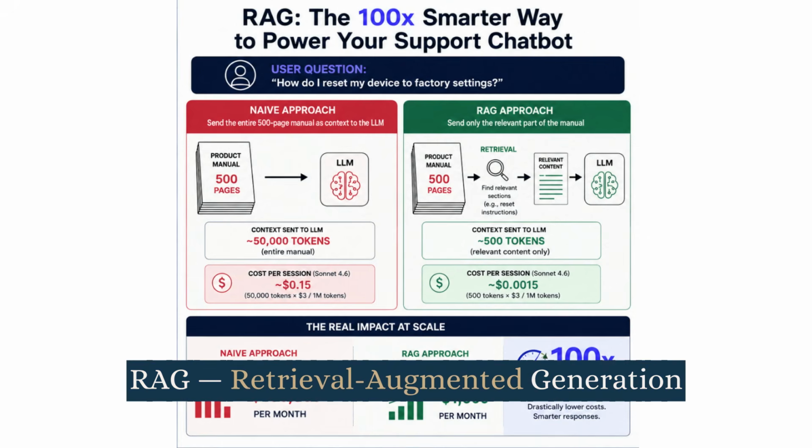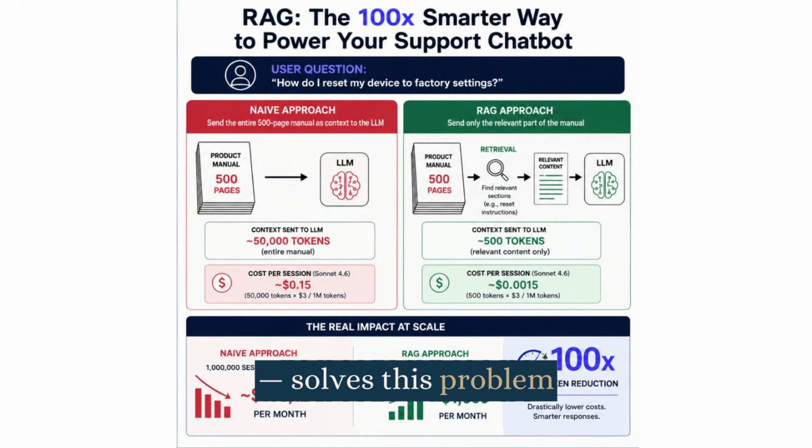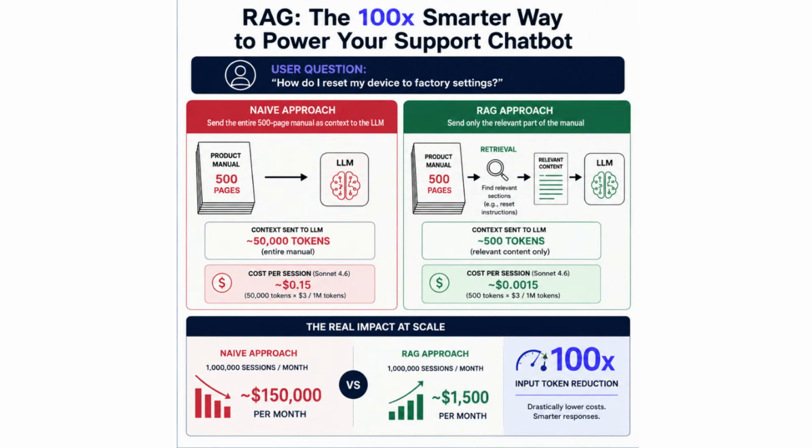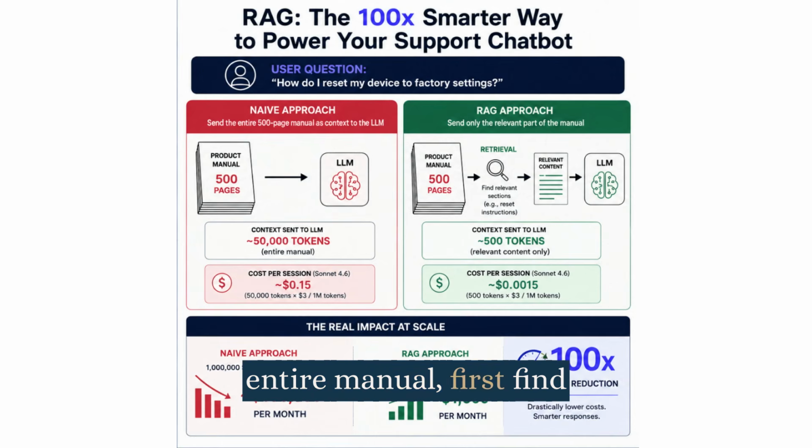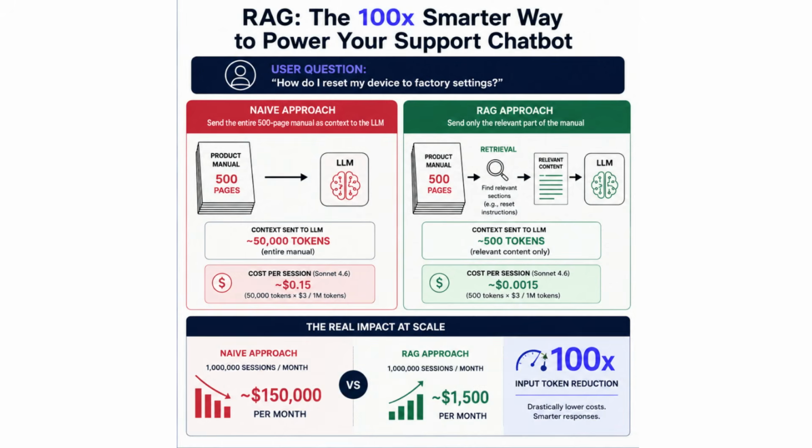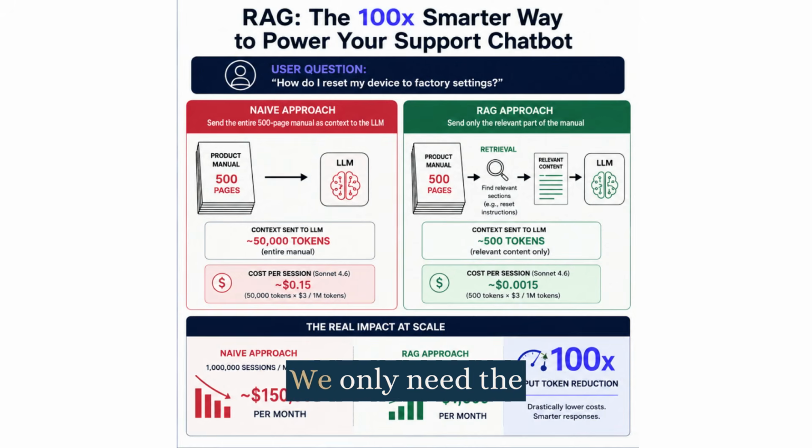RAG, Retrieval-Augmented Generation, solves this problem with a simple idea. Instead of sending the entire manual, first find only the sections relevant to the user's question. For example, if the customer asks, "How do I reset my device to factory settings?" we don't need all 500 pages. We only need the few paragraphs that explain the reset process.